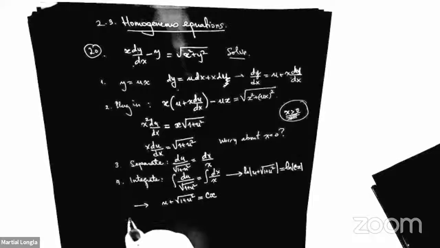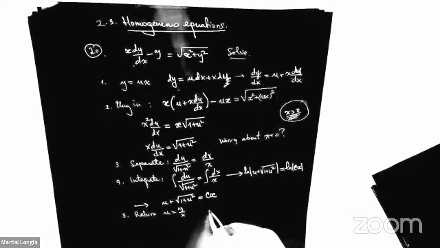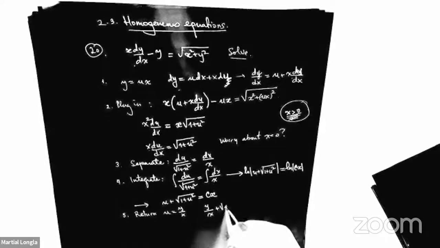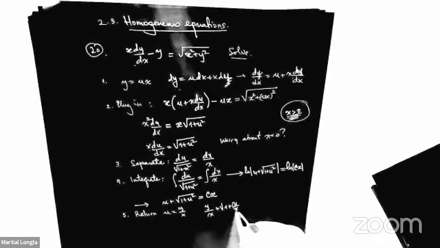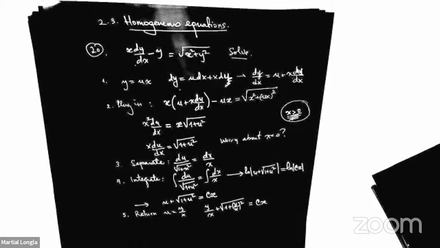And then you return u equals y over x. So you get y over x plus square root of 1 plus y over x squared equals cx. Or if you want, you can do more things with this.